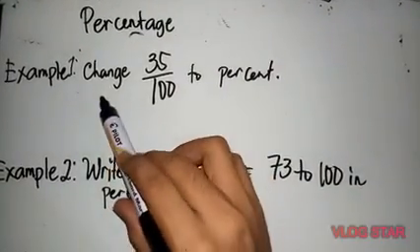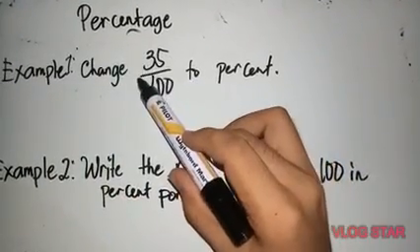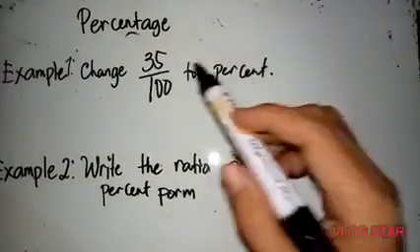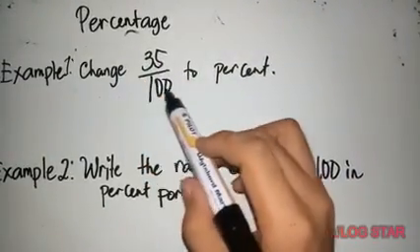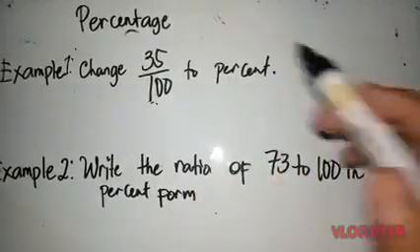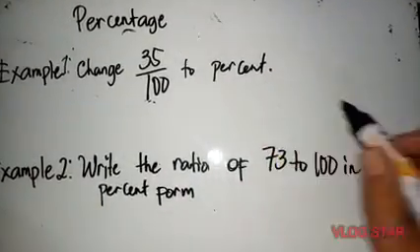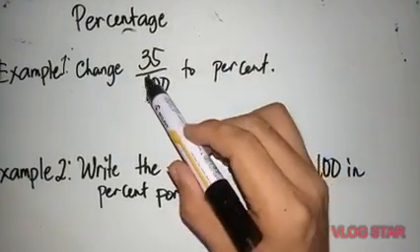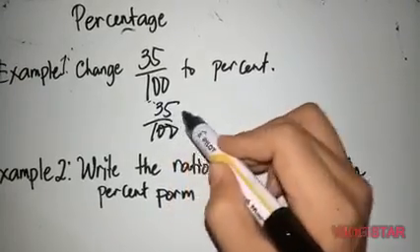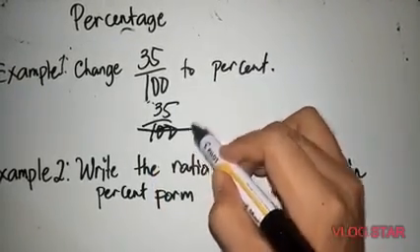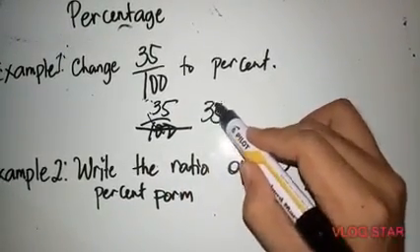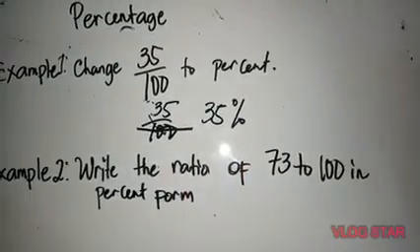So example number 1, change 35 over 100 to percent. In this case, since this is a decimal fraction and the denominator is 100, this is very easy to change to percent. So what you're going to do: 35 over 100, just cancel the 100, remove the bar sign, then add the percentage sign.